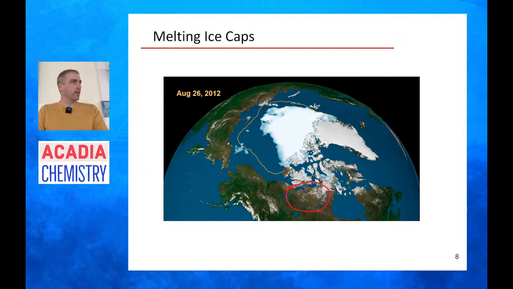So in the north, around the North Pole, this is the extent of the ice cap in August 2012, where the average, I think it was the 1980 average, the 50s to 80s, was this line here. So what we're seeing is this dramatic contraction of the extent of ice coverage up in the North Pole as well. So in addition to rising temperatures, in addition to disappearance of glaciers.